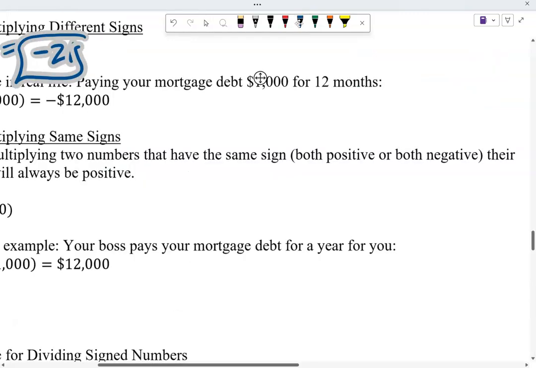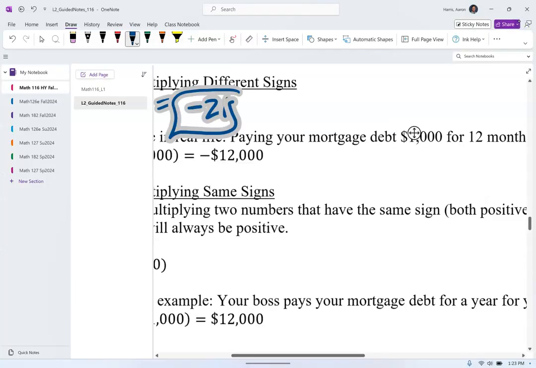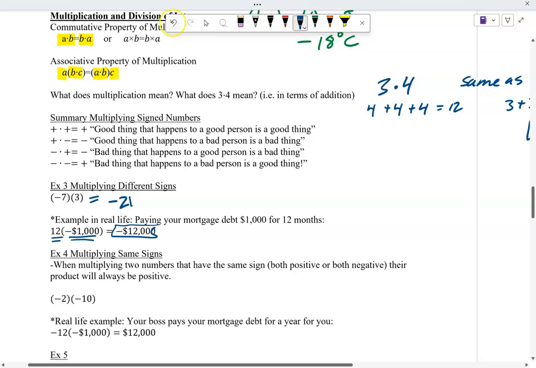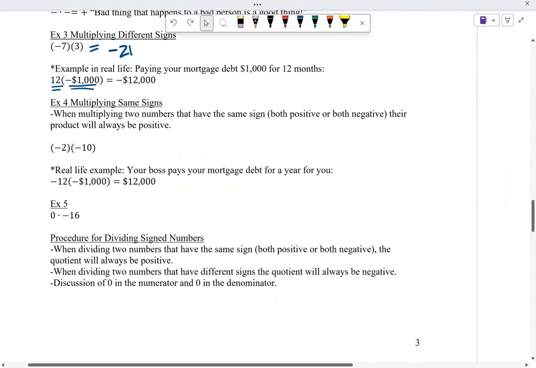So you're losing $1,000 that you're paying 12 times. So 12 times losing 1,000, you're losing $12,000. Of course, that's a good thing, to pay your mortgage. Obviously, you get some equity in your home.